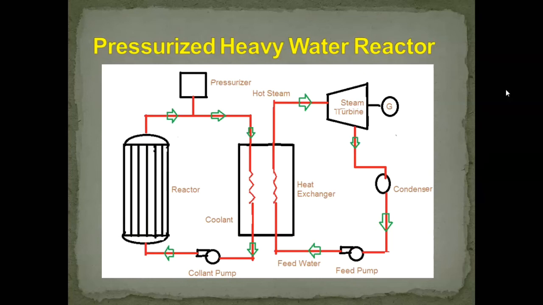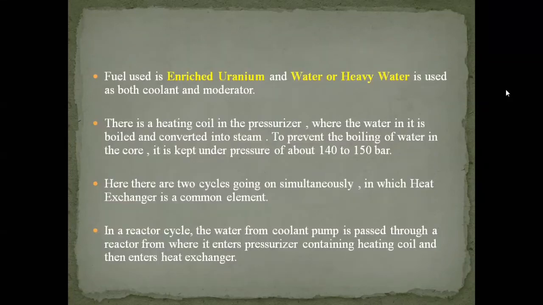The cycle will go on continuing. Okay, so whatever I have explained here, I have typed in the slide, so you can go through the figure and go through the explanation.